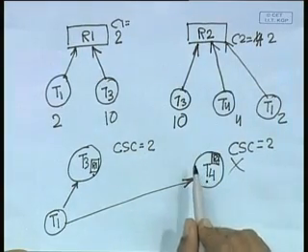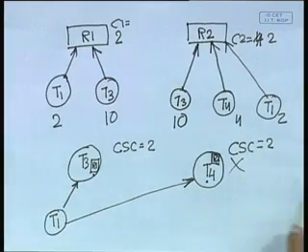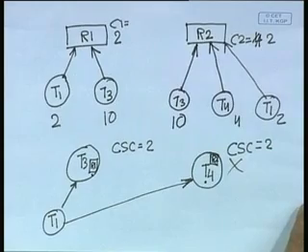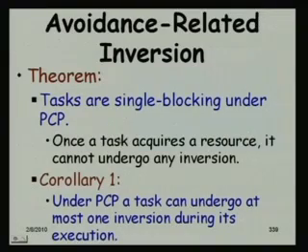So, it has the property of the highest locker protocol even without increasing the priority of the task to the ceiling value. The theorem is that tasks are single blocking under PCP. We can construct a formal proof based on the informal argument that we gave, and that is what is done in the book.